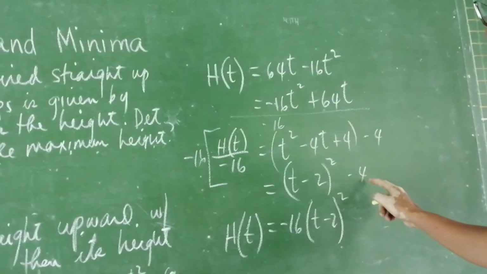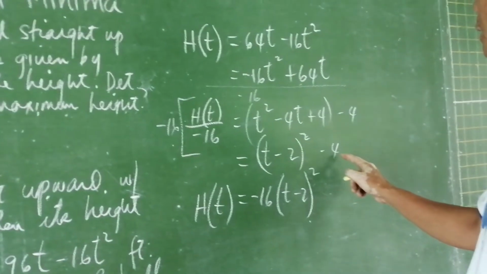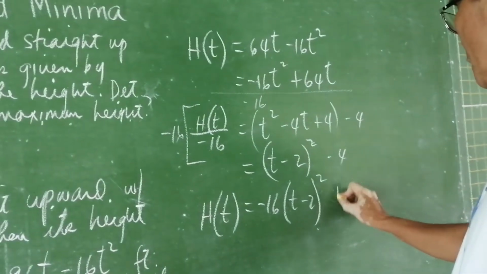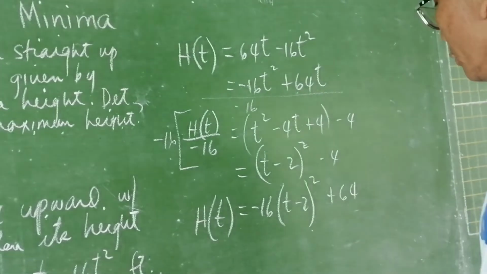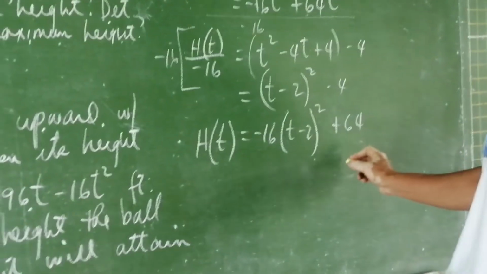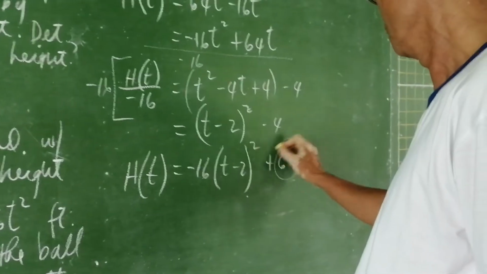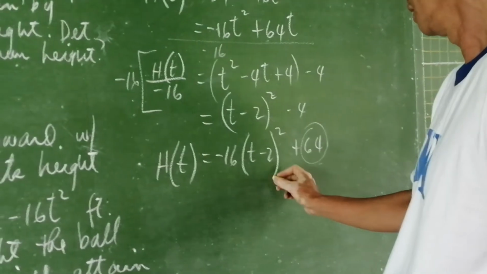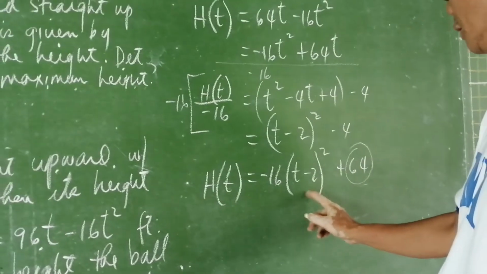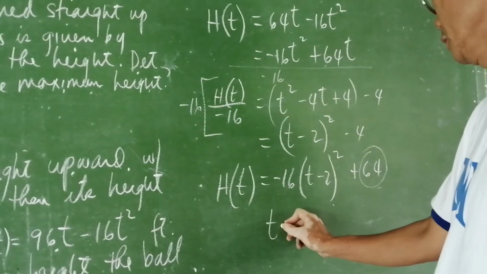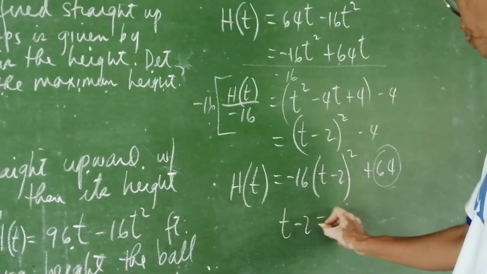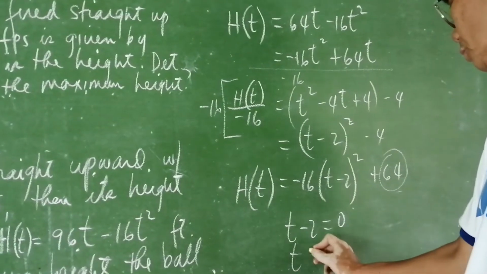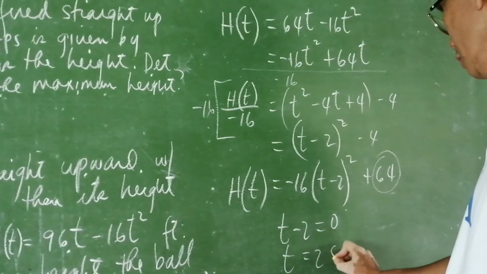You multiply, that will be 64, so plus 64. So meaning to say that this will become your maximum height attained, that is 64 feet, and the time to reach that will be 2 seconds.